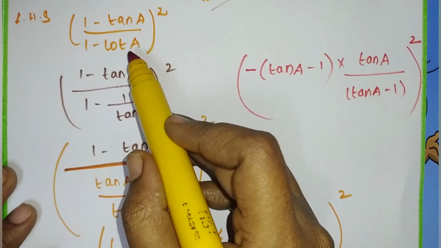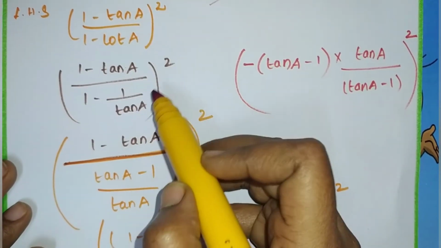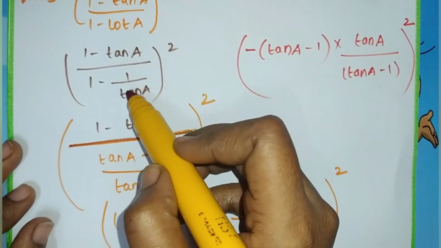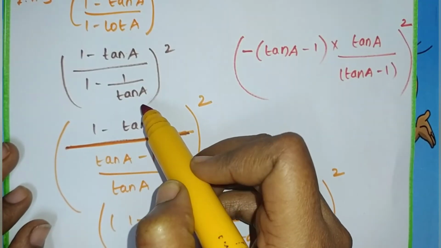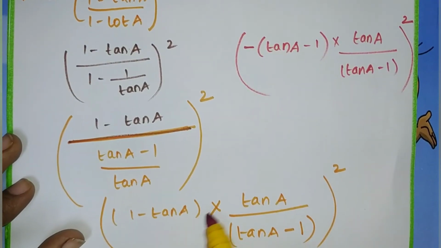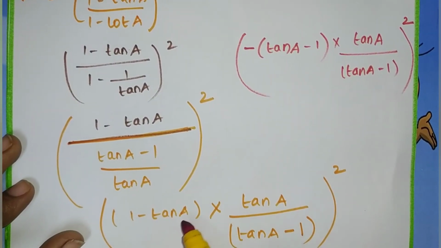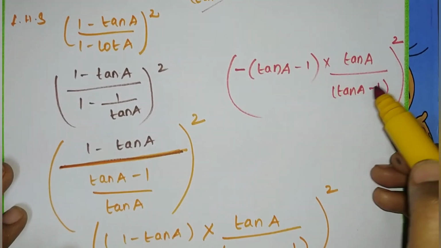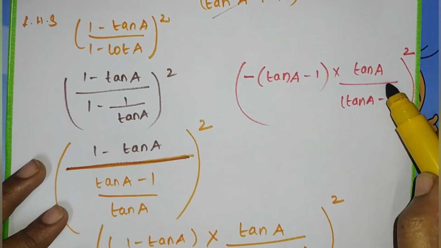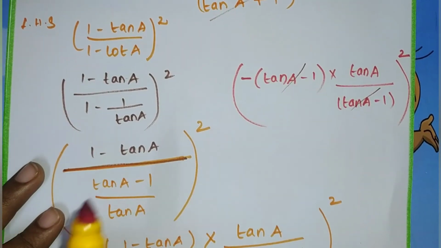Be clear, this is very easy. One thing only you have to remember in this formula: instead of cot A, you have to substitute 1 by tan A. Remaining things you can simplify easily, and this changing of negative sign, that you have to remember. Now you can cancel this too, tan A minus 1 and tan A minus 1.